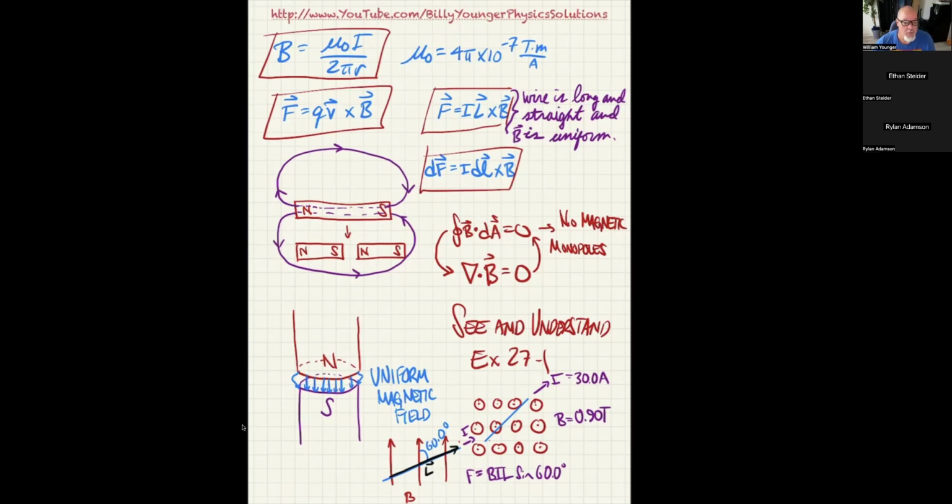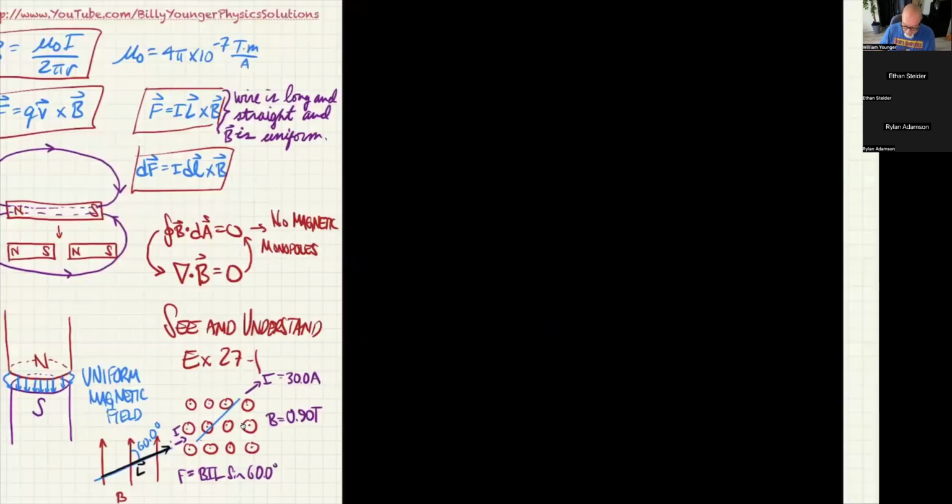we can do some more simple problems, but I think they're simple enough that you need not worry about them. So I'm going to draw a different one, and I am going to imagine that we have a series of circles representing a magnetic field like this.